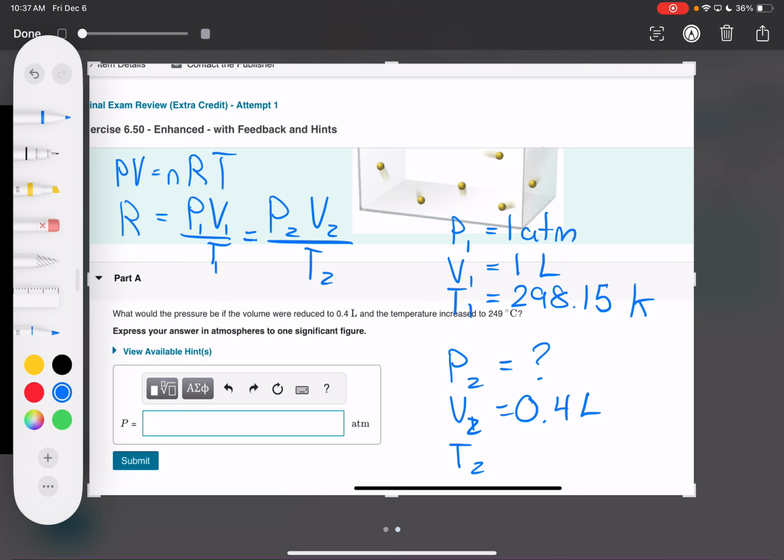And T2 is 249 plus 273, 522.15 Kelvin. Okay, so now I'm going to go plug those all into that equation. So I'll go ahead and do it if you want to follow along, or if you want to do it yourself, that's fine. I'm going to be lazy and not include the units because I just know that they're going to work out right now, so.